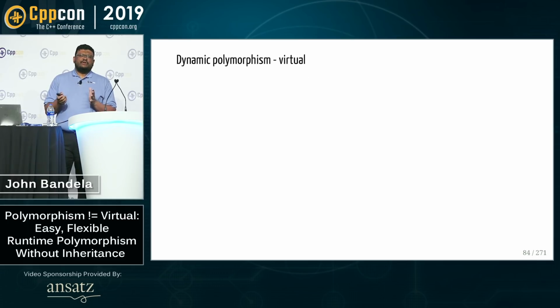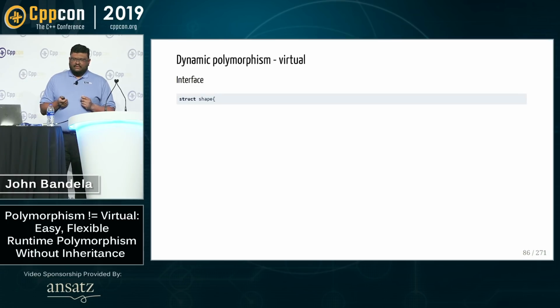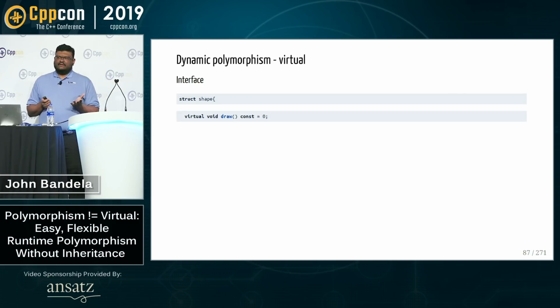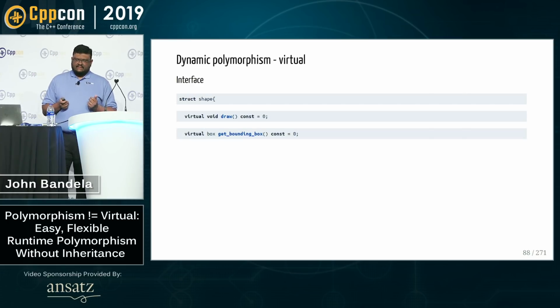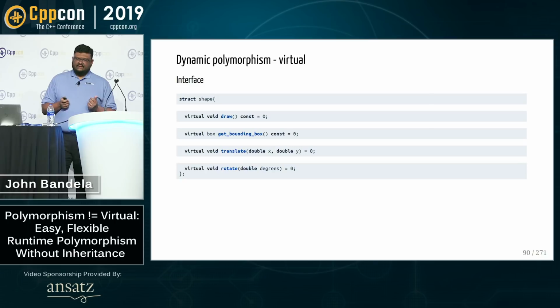All right, so let's go to the other side. Let's look at virtual. What can it do for us? So we can have an interface, right? Struct shape, and draw, get bounding box, translate, rotate are pure virtual functions.